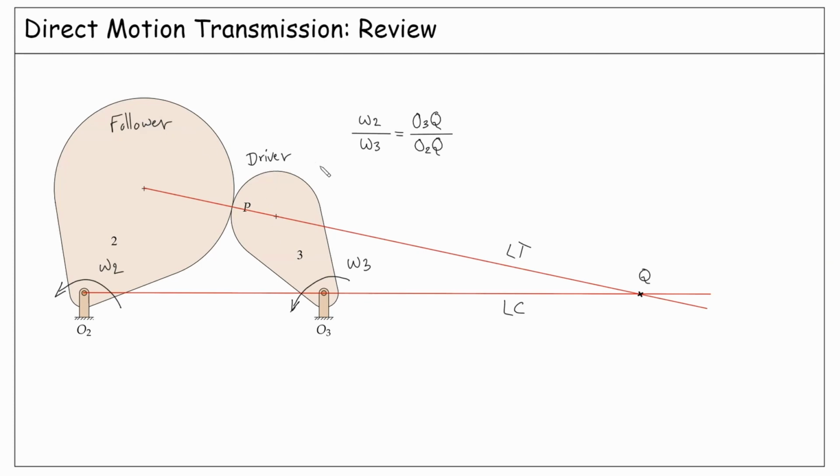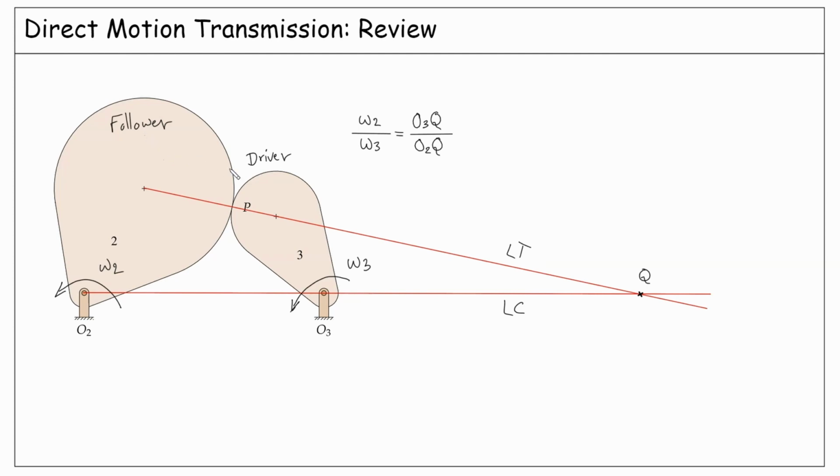If we call the intersection of the line of transmission and the line of centers point Q, then the ratio of the angular velocity of the follower, omega 2, to the angular velocity of the driver, omega 3, is equal to the ratio of O3Q to O2Q. O2 and O3 are the rotation centers of the driver and the follower links.